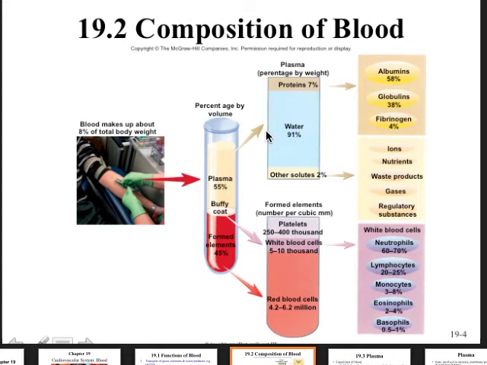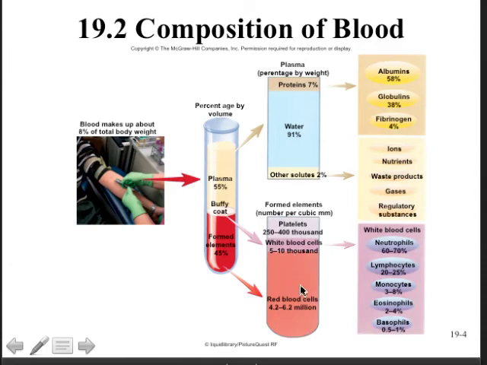And if we break down the components of blood, we can look here at the plasma, right? You can see about 7% protein, 91% water, and then there are other solutes in there. And if we look here at the hematocrit, it's mostly erythrocytes, okay? The erythrocytes are the oxygen carriers.